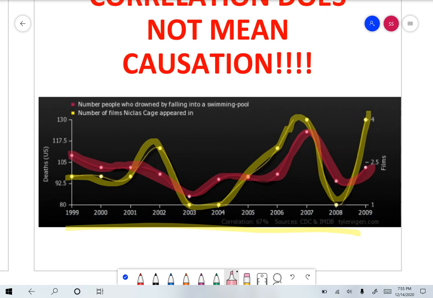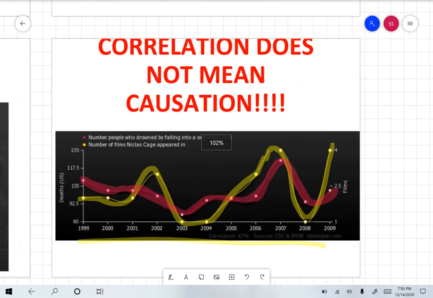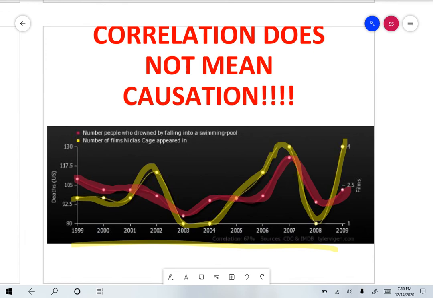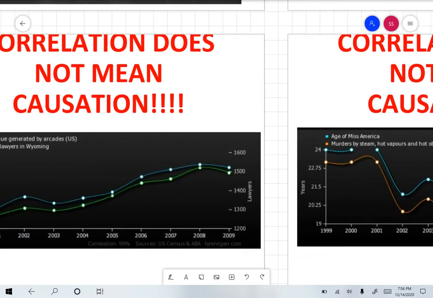If you calculate the correlation coefficient, which has been done, it's actually moderately strong. But does that mean that the number of films Nick Cage appears in year by year causes people to fall into a swimming pool and drown? No, they are not related whatsoever. The correlation between them does not mean that one caused the other.